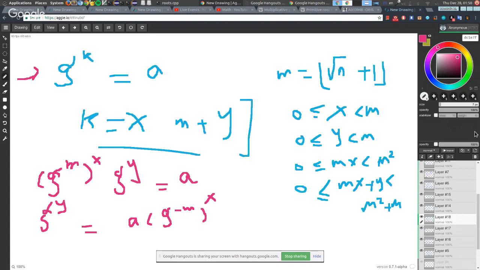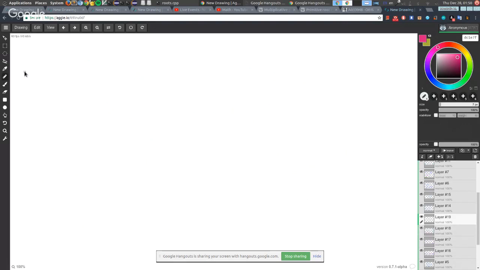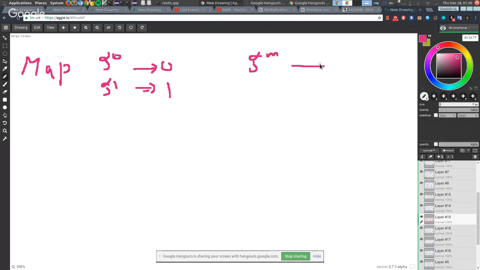The way the algorithm would work is that we begin by having a map data structure that would store the powers here. So we store g power 0 goes to the value 0, and g power 1 goes to the value 1, and so on until g power m goes to the value m.